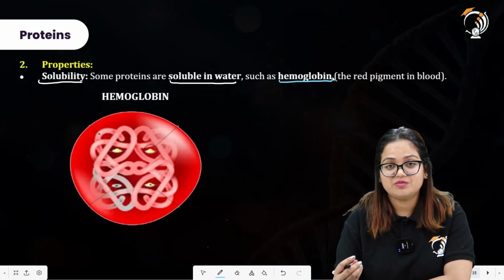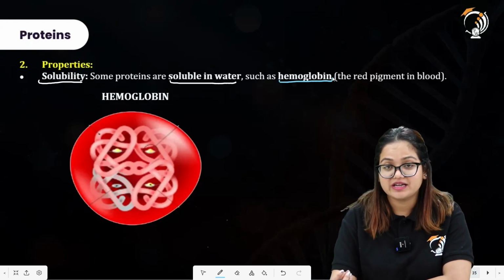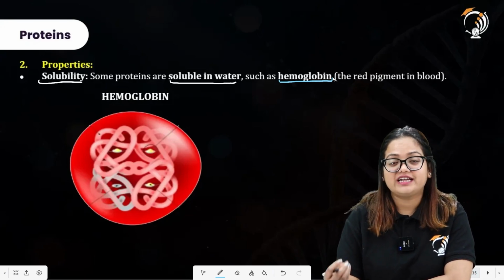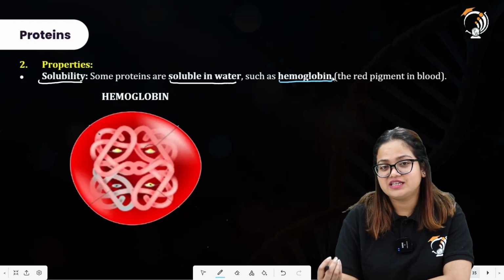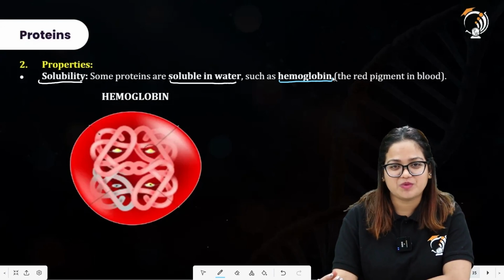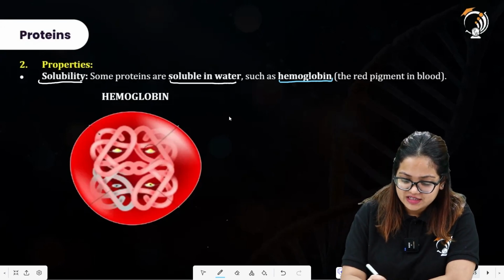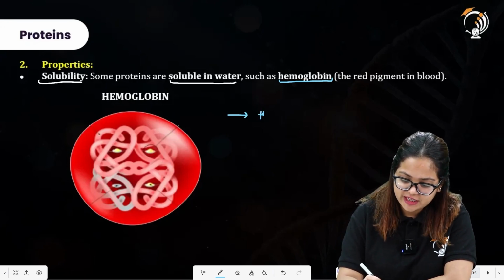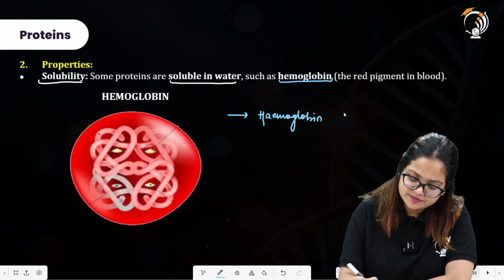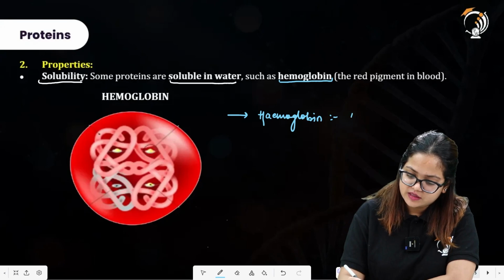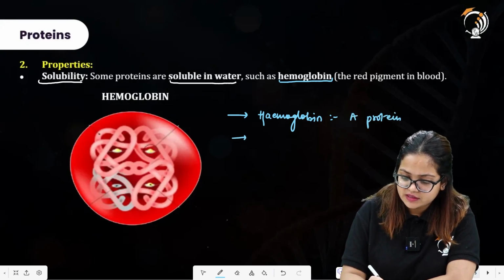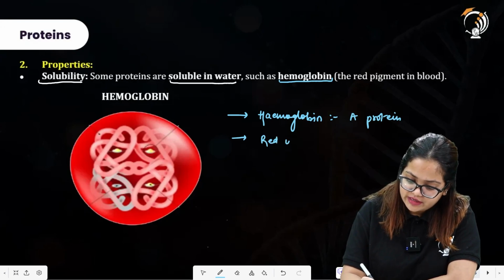Now, what is the hemoglobin? It is a red pigment. It is protein in nature. It is present in red blood cells. It is helping in the transportation of oxygen throughout the body. All right. You can tell here that hemoglobin is a protein molecule. It is red in color.